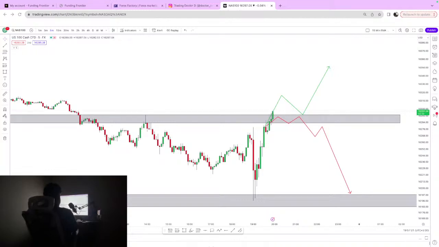So it is kind of breaking out. Let's see how it behaves. Nothing can be said unless it is done. You can't predict anything in advance.